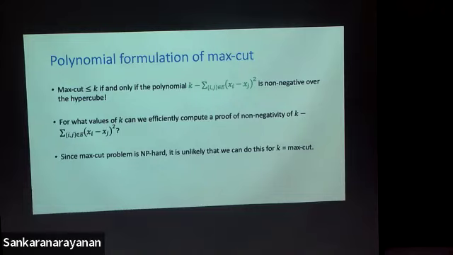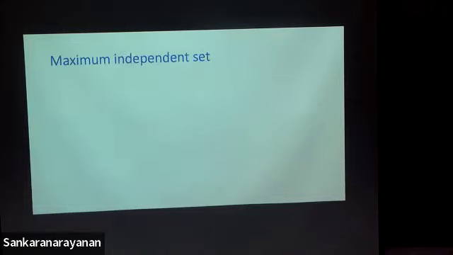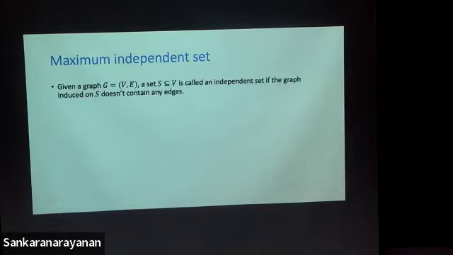Okay, let's look at one more example of how we formulate a problem as a polynomial formulation. Let's look at the maximum independent set problem. We only want to prove non-negativity over the hypercube. Yeah, exactly, that's the point.